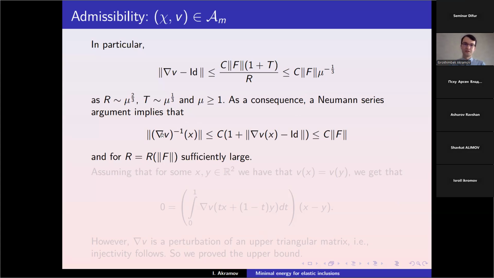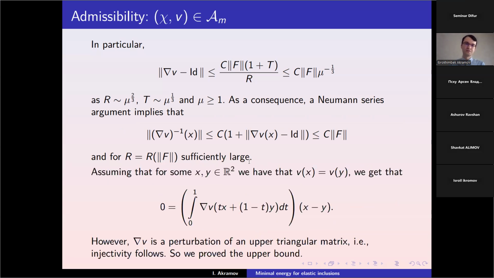So then, as a consequence of the Neumann series argument, the inverse of nabla v x is also bounded by some C times norm of F for sufficiently large r.